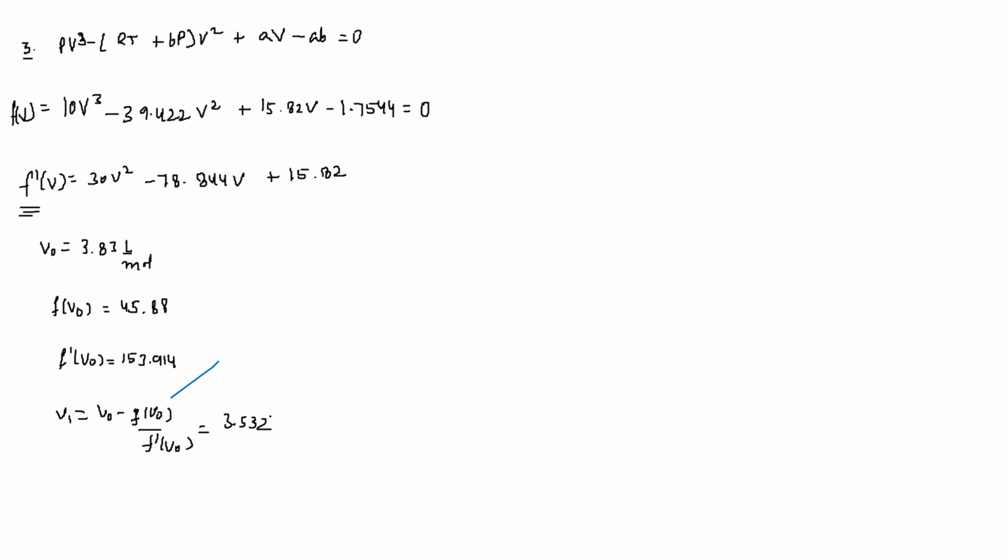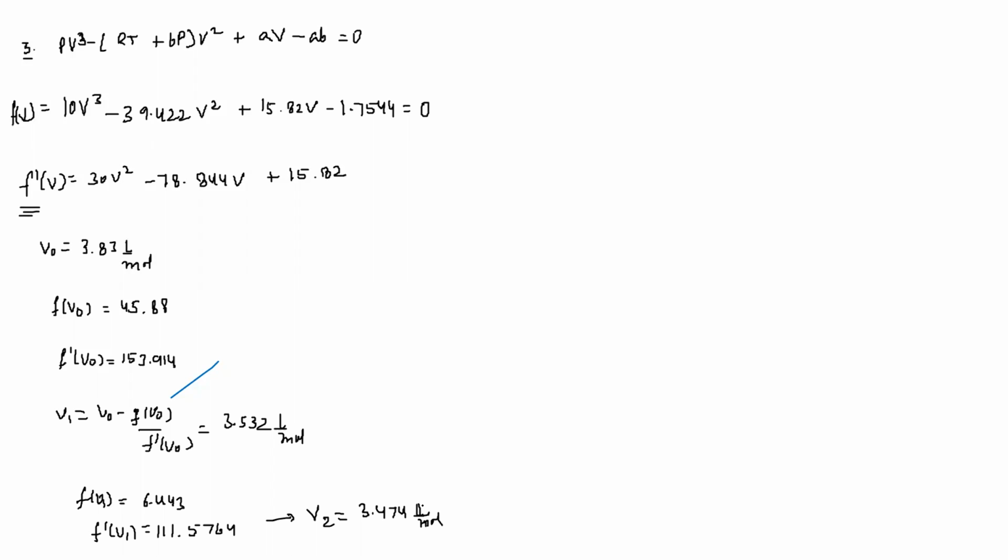Now, as you can see, still there is quite a lot of difference. So we'll go ahead and calculate f of v1 and f dash v1. So f of v1 is 6.443 and f dash of v1 is 111.5764. Okay, so once we have these values, we'll calculate v2. So v2 is 3.474 liter per mole. Still, there is a lot of difference.